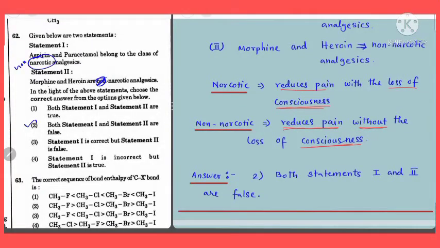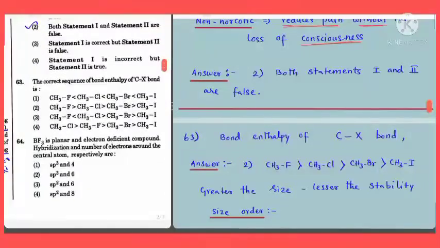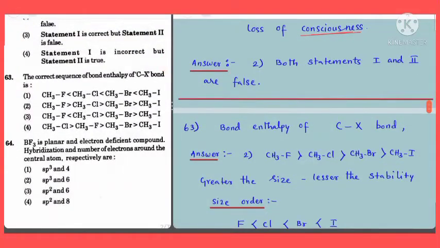Now we go for question number 63: the correct sequence of bond enthalpy of carbon halogen bond. The correct answer is option 2.